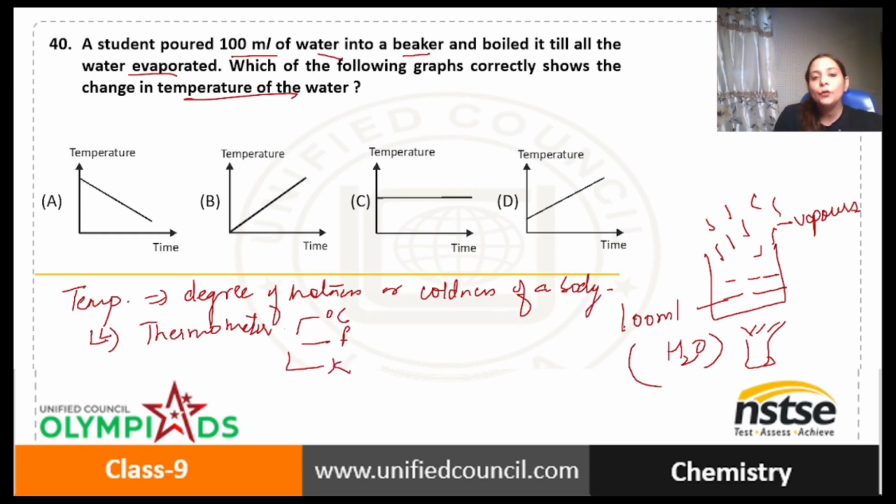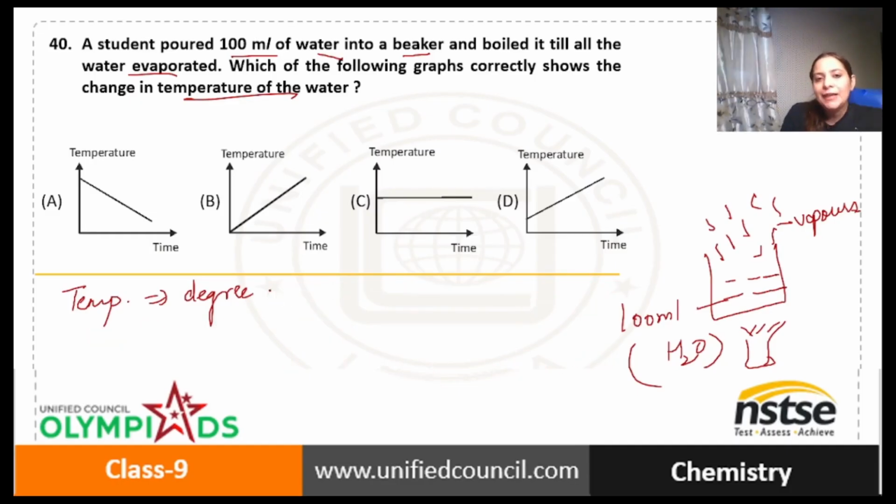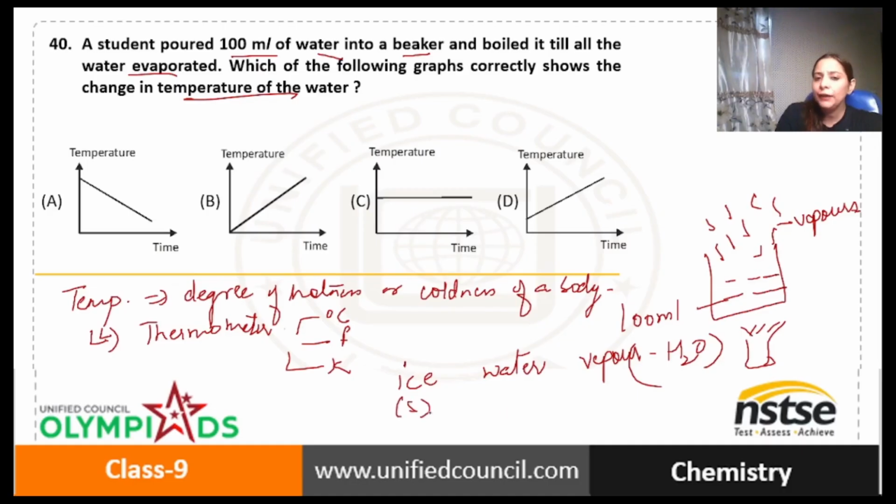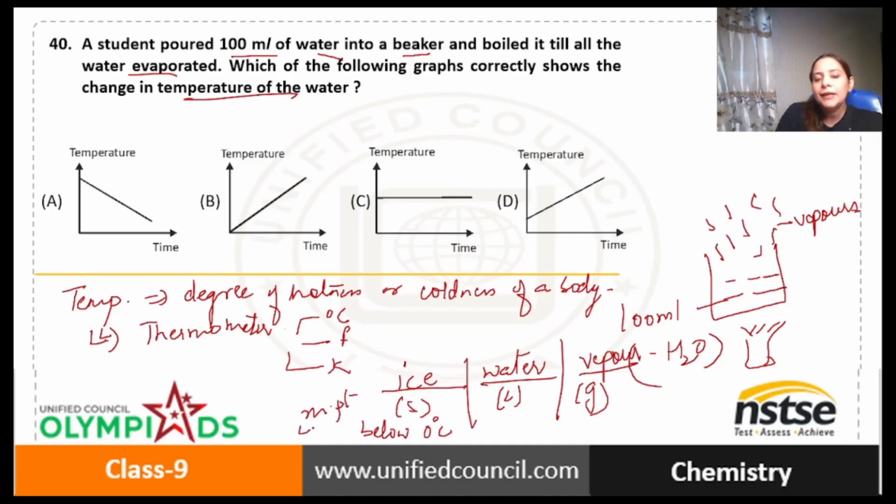Now talking about water, we know that water exists in three states: ice, water, and vapor or steam. It is solid form, liquid form, and gaseous form of water. Now we know that ice exists below 0 degrees Celsius, or we can say that melting point of ice is 0 degree Celsius, and boiling point of water is 100 degree.